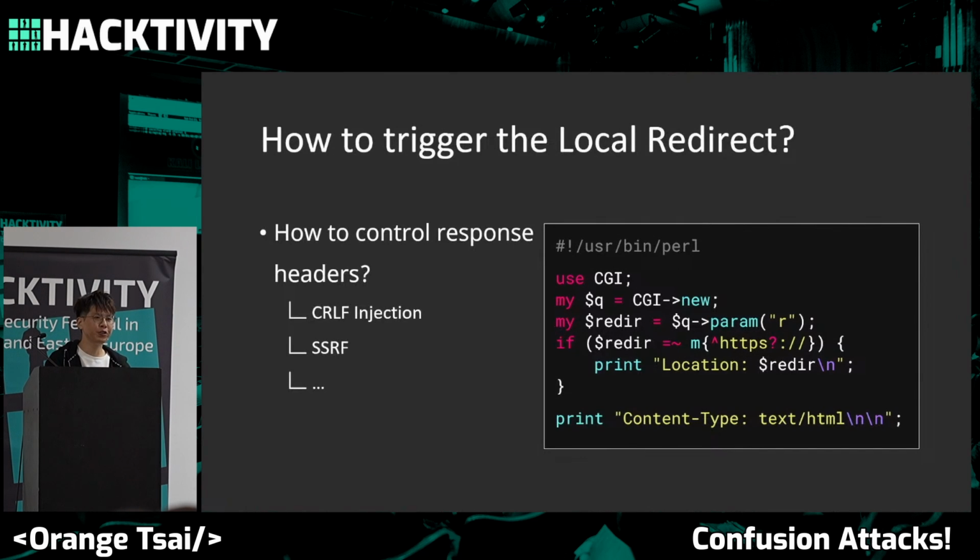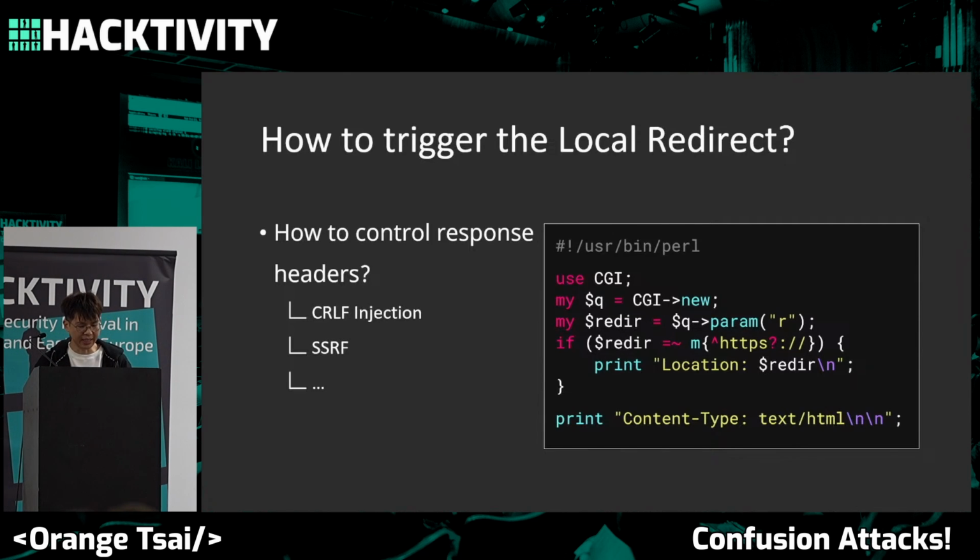As for how to trigger the server-side redirection, here we provide two scenarios. One is CRLF injection, and the other is SSRF. And here we will use the CRLF injection as the example.